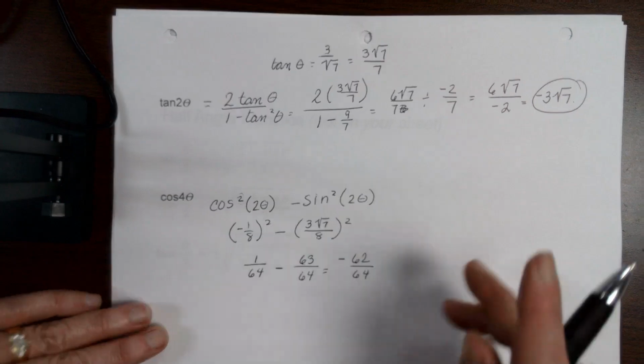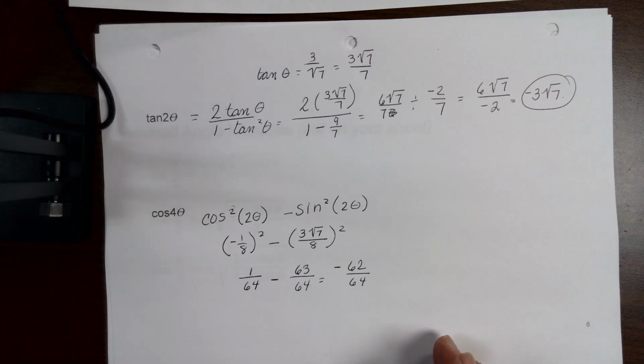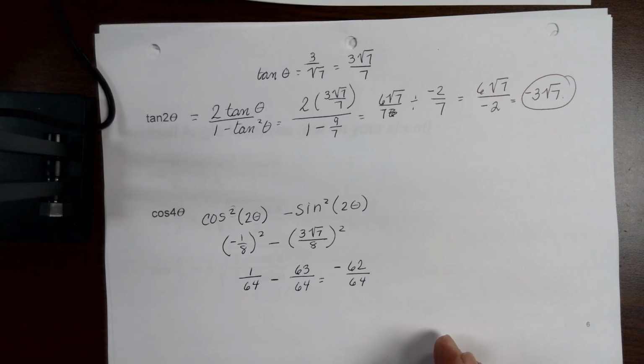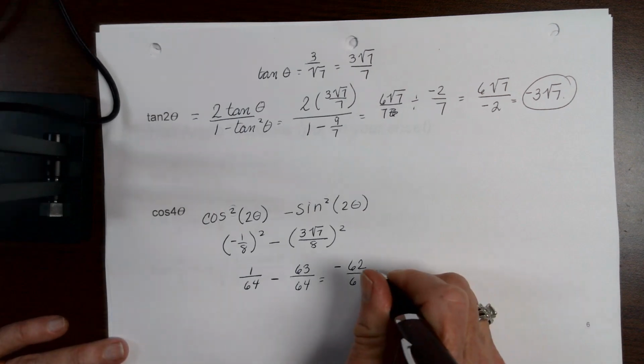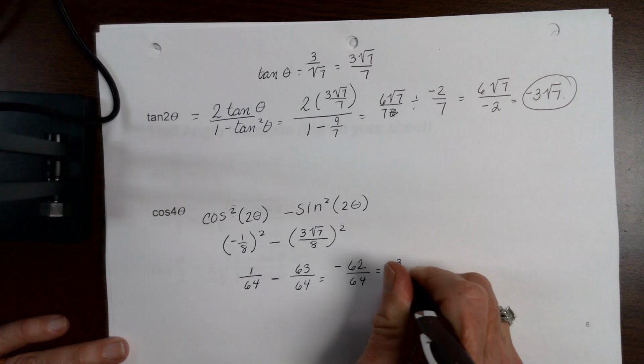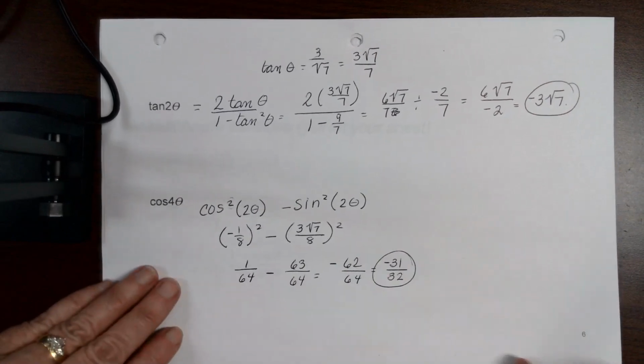I'm looking, did I put that down right? I think I did. Yeah. Okay. So when I reduce that down, it's going to give me a negative 31 over 32.